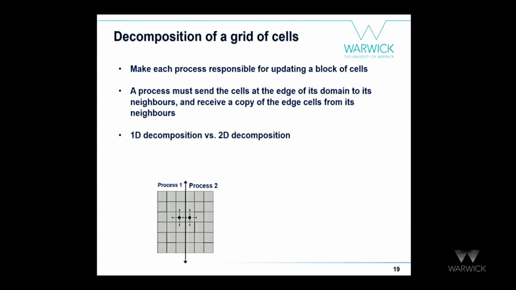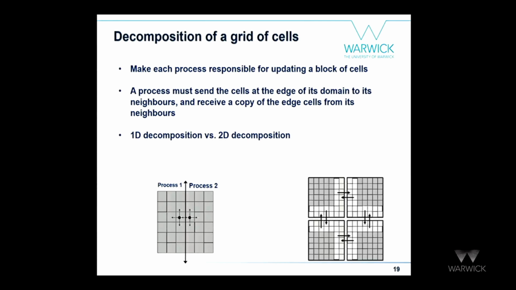In this diagram, we use a 1D decomposition, which means that we just partition the cells along 1 dimension. Actually, we can have 2D decomposition as well. For example, in this case, we partition the cells along 2 dimensions. It's divided into 4 groups of cells. And now, when a process calculates a cell on the border, for example this cell, it needs to get data from this neighbor and also from this neighbor.